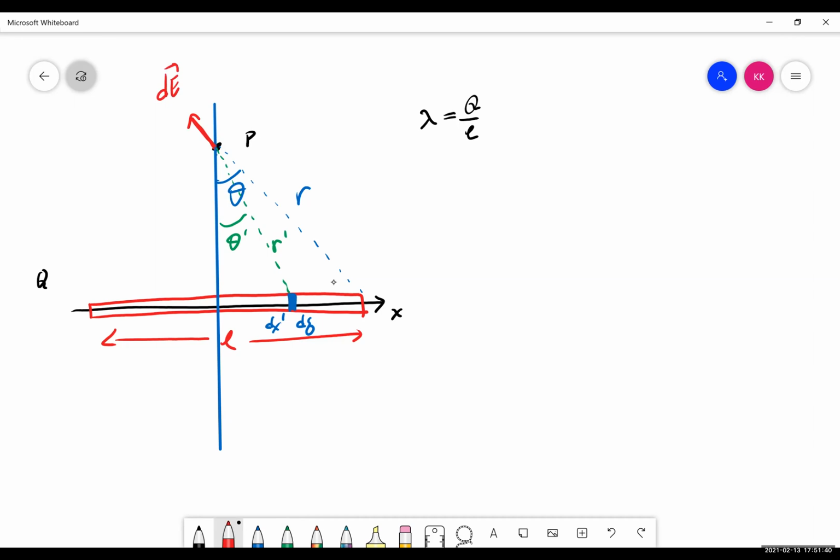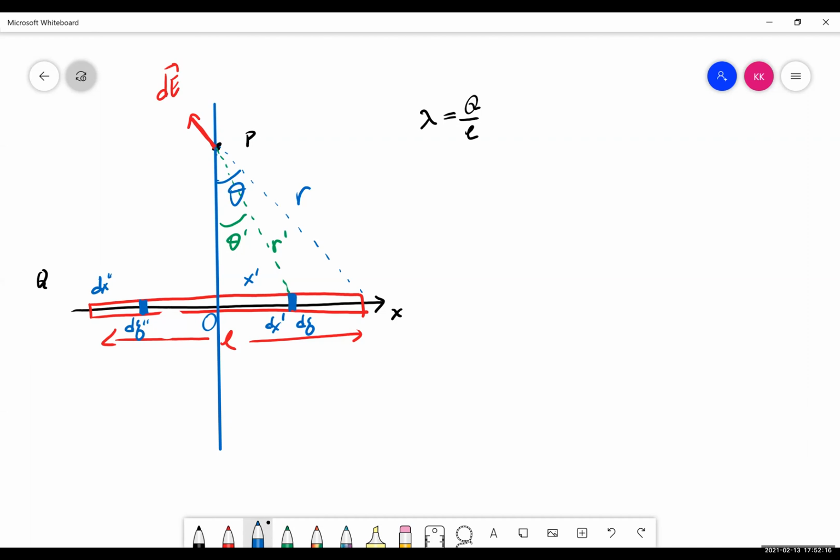All right. But one thing I have here is, again, symmetry will allow me to see that if I choose another point, which, my first element has an x prime distance from the origin. If I choose another element right here that has, let's say again, dq double prime and dx double prime, which is exactly equal to dx prime.